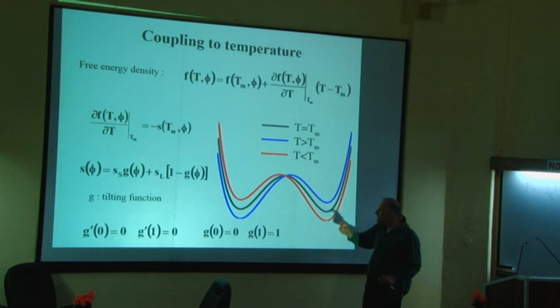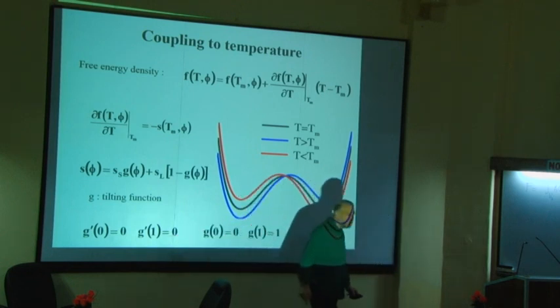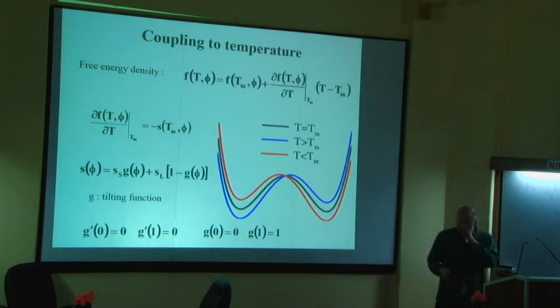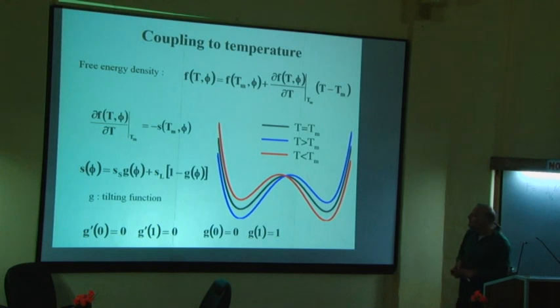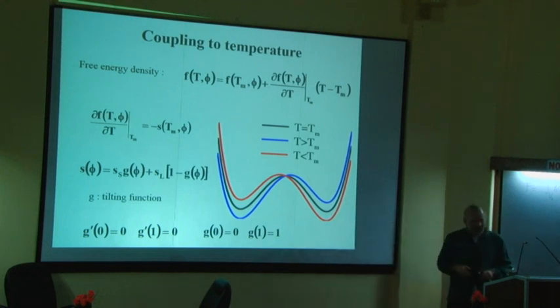Okay. If I put a function with these properties, actually for no matter what value of this driving force, of the temperature, my minima are always equal to 0 and 1. And that's very useful for the model construction. Okay, so this is the phase field free energy.